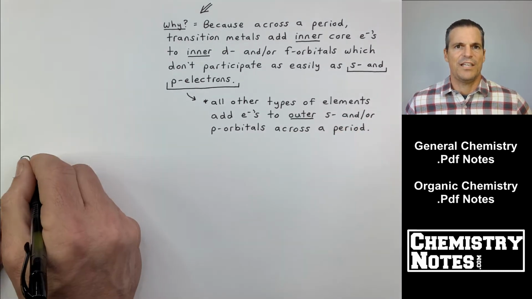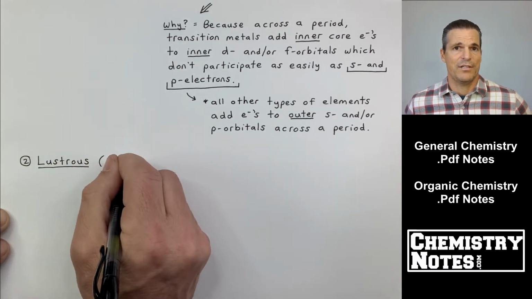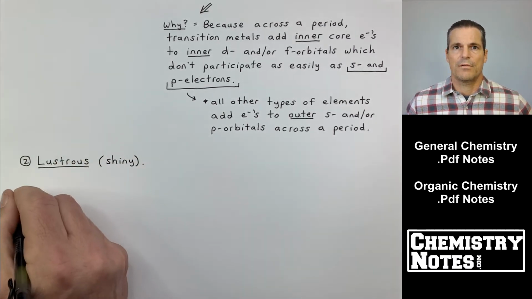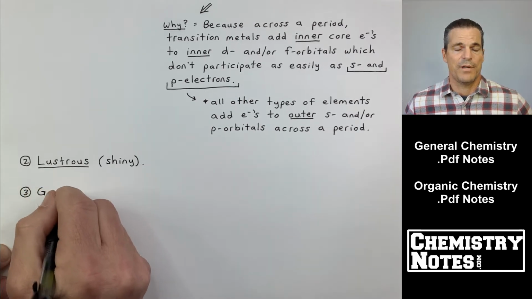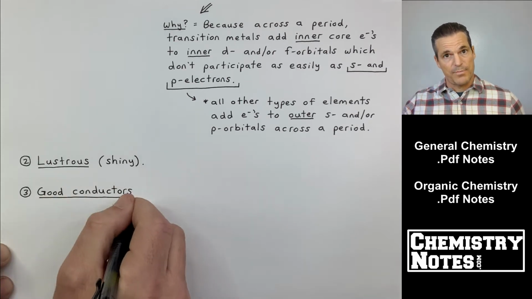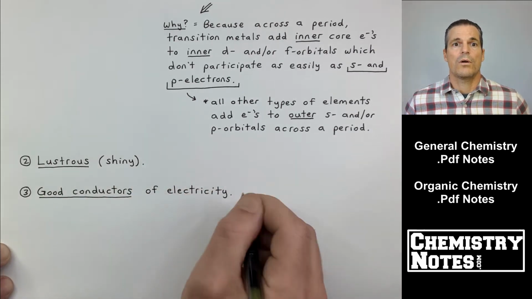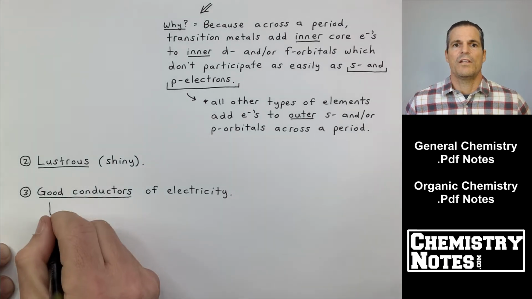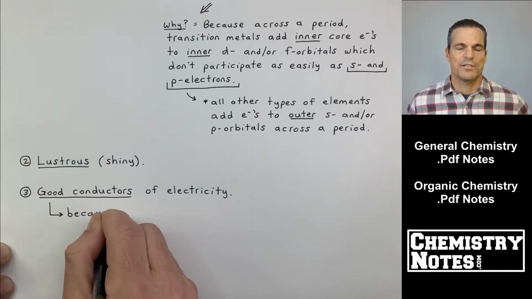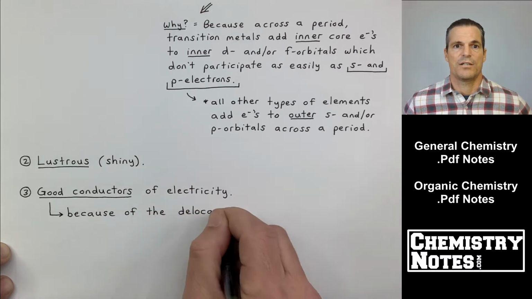If you remember, when you fill in the d orbitals, the d is 1 behind the period number, and the f is 2 behind your period number, right? So when you're adding extra electrons moving across a period to these inner core d orbitals, you're not really affecting the chemistry as much because you're not adding to the outermost valence electron shells.